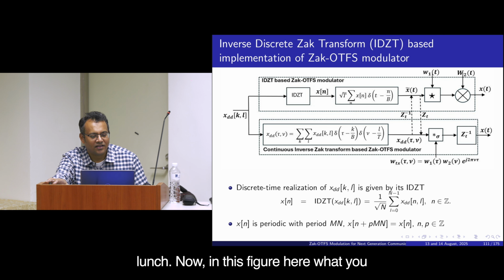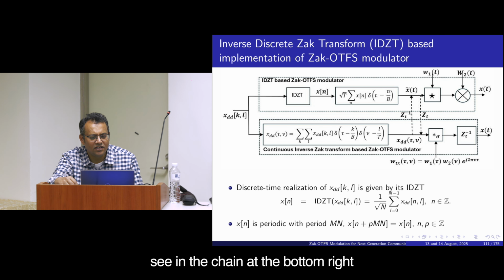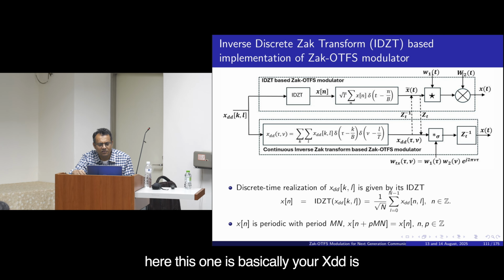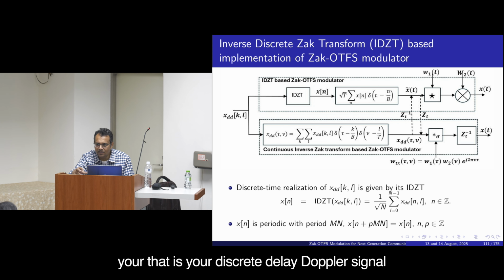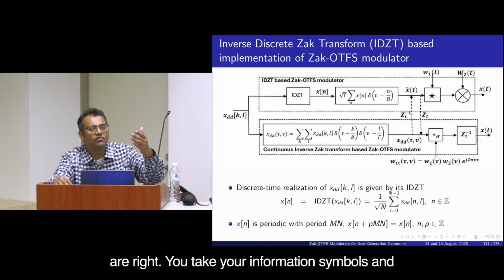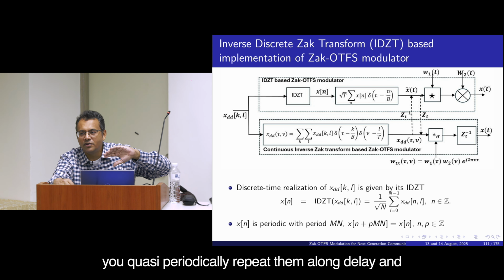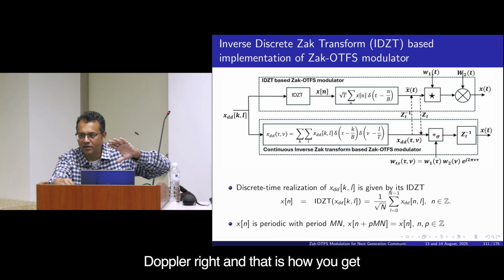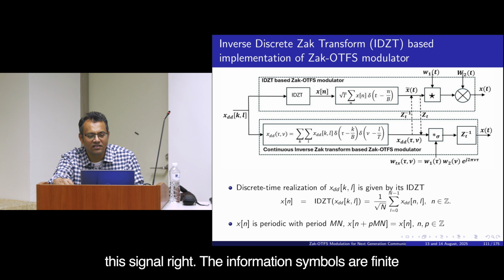Now in this figure, what you see in the chain at the bottom is xdd, your discrete delay Doppler signal, where your information symbols are. You take your information symbols and quasi-periodically repeat them along delay and Doppler, and that's how you get this signal.